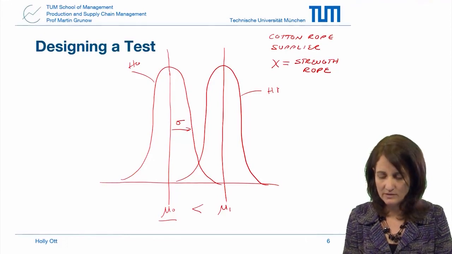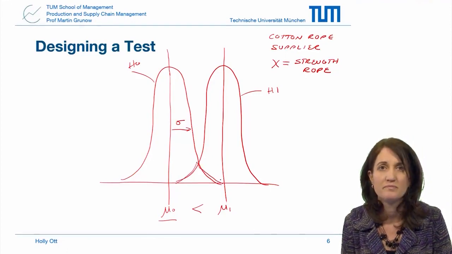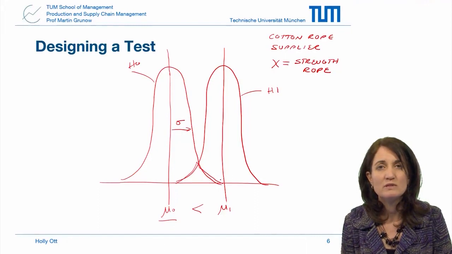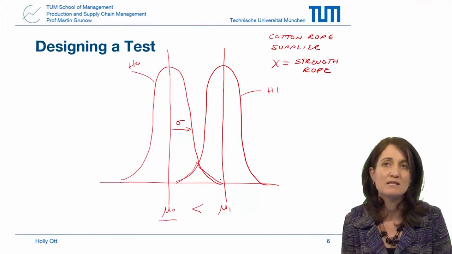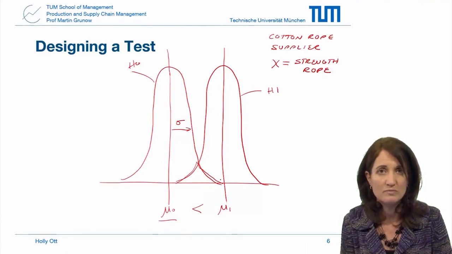So in this example here, we can see that there's an overlap of our two distributions in this area here. What we're going to do is to take a sample of our supplier's new rope to get a point estimate for the mean of the population. And this point estimate could lie anywhere around the mean with a probability according to the normal distribution.